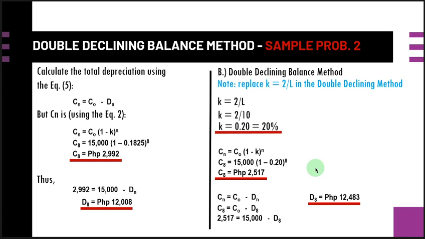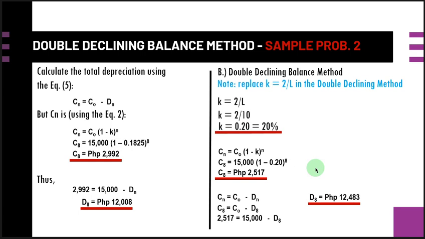declining balance method. So I think that would be it for this lecture today for our two depreciation methods, the declining balance method, and the second one is the double declining balance method. So I hope you understand it fully now, since we already discussed the straight line method as our first depreciation method.